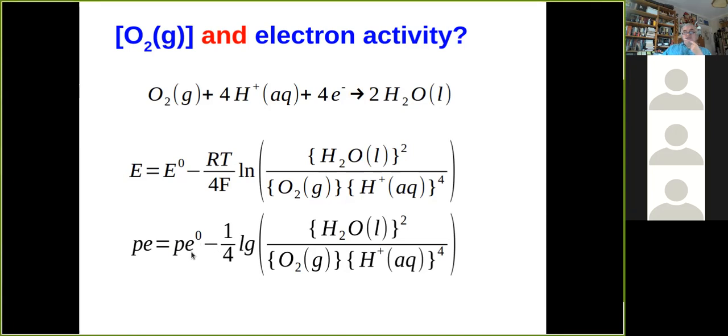So temperature is actually part of this constant pE naught, while it's not present in E naught. I don't want to go too deep into details about this. You see the similarity between these two expressions. For example, if we know pE and pE naught, then we could calculate something about the reaction quotient here. Assuming, for example, that the water activity is constant and that the oxygen comes from the atmosphere, we can calculate the pH or the acidity in this solution.